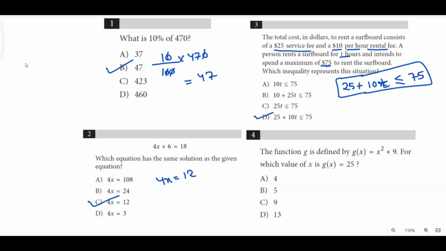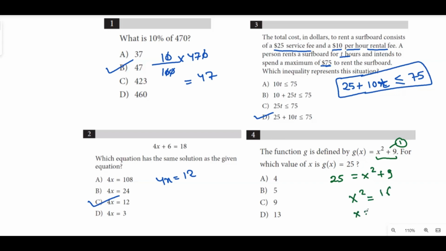Now, coming on to the fourth one, the function g is defined as g(x) is equal to x square plus 9. For which value of x is g(x) equal to 25? That means the g(x) value is given to you, that is 25. And if I put it in this equation, you can see that x square plus 9. From there, I can write x square will equal 16.